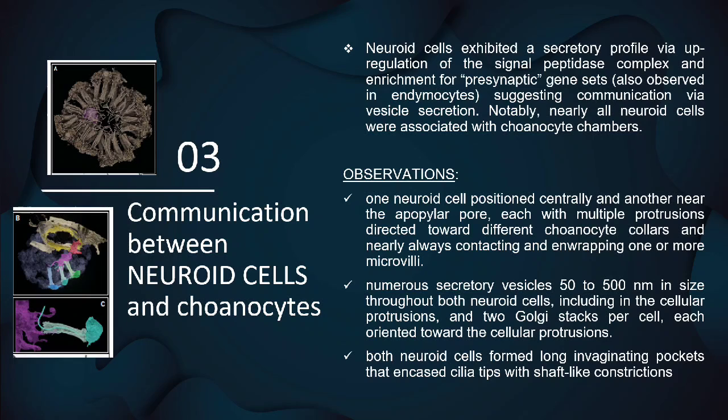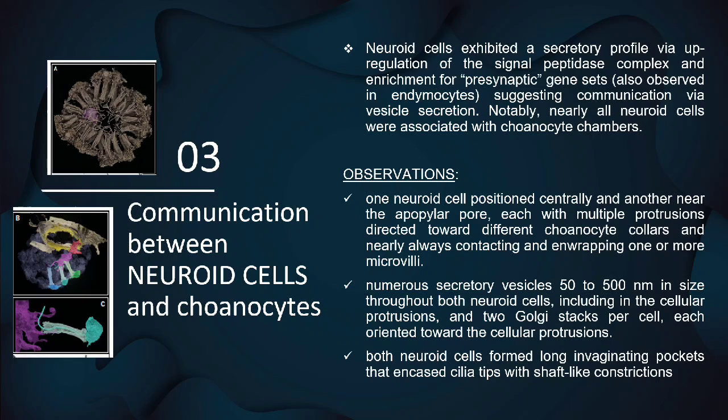The observations were: first, one neuroid cell positioned centrally and another near the apopillar pore, each with multiple protrusions directed toward different guanocyte colors and nearly always contacting and enwrapping one or more microvilli. Second, numerous secretory vesicles 50 to 500 nanometers in size throughout both neuroid cells, and two Golgi stacks per cell, each oriented toward the cellular protrusions.